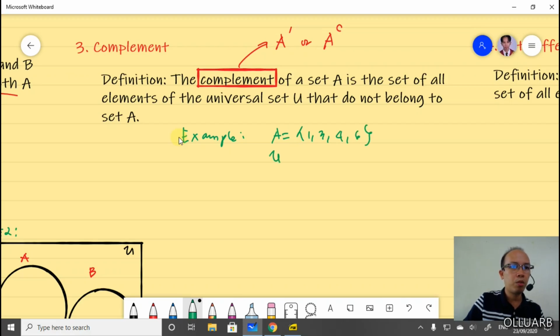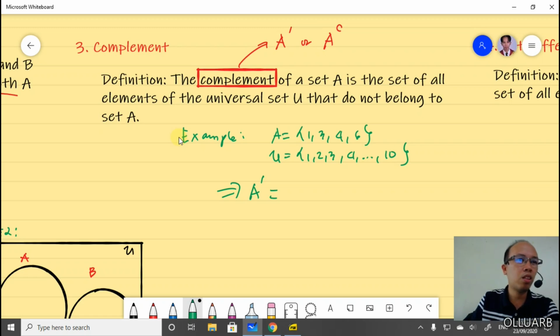If your universal set is 1, 2, 3 up to 10, then what is A prime, or A to the C?